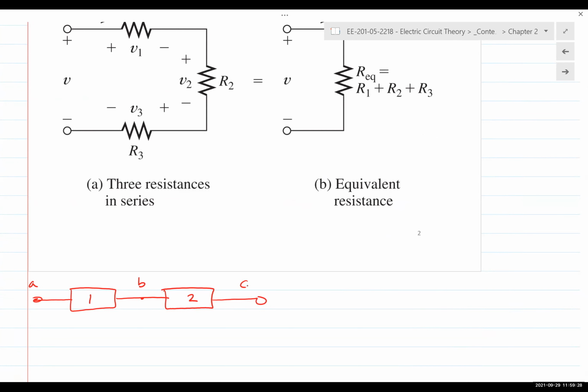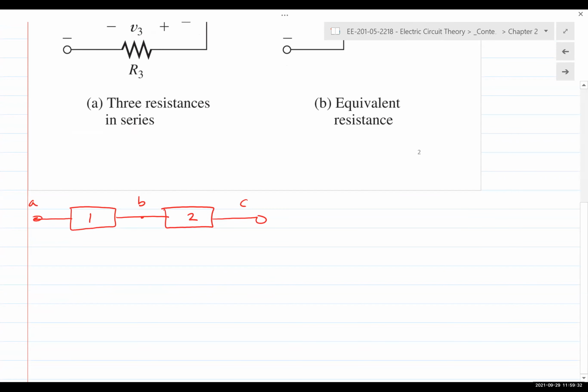If you have more than two connections, then they are no longer in series. So you could have a third component right here called 3, and 1 and 2 are in series, and 2 and 3 are also in series. So we can say 1, 2, and 3 are all in series between A and D. If you have more than one connection at points B and C, then they are no longer in series.